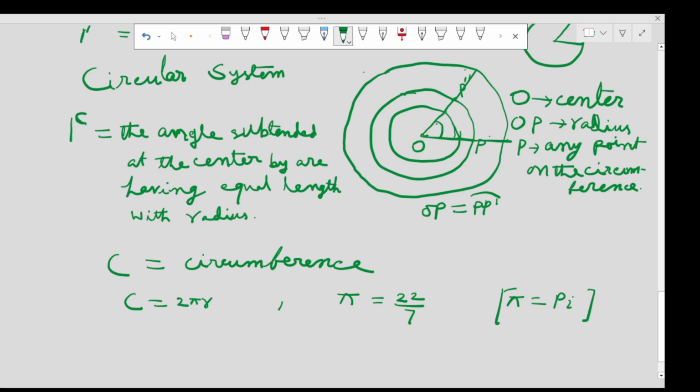Now see, the angle made by the circumference.